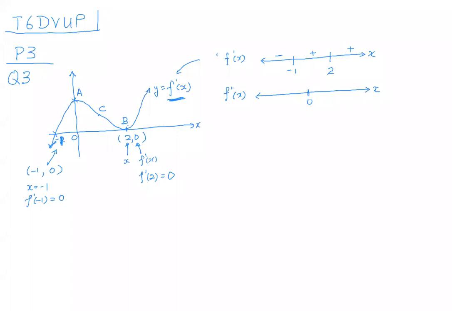So this means f double prime 0 is equal to 0, correct? Why do you say f double prime 0 equal to 0, Siti? Because the rate of change of f prime x at that point is 0.